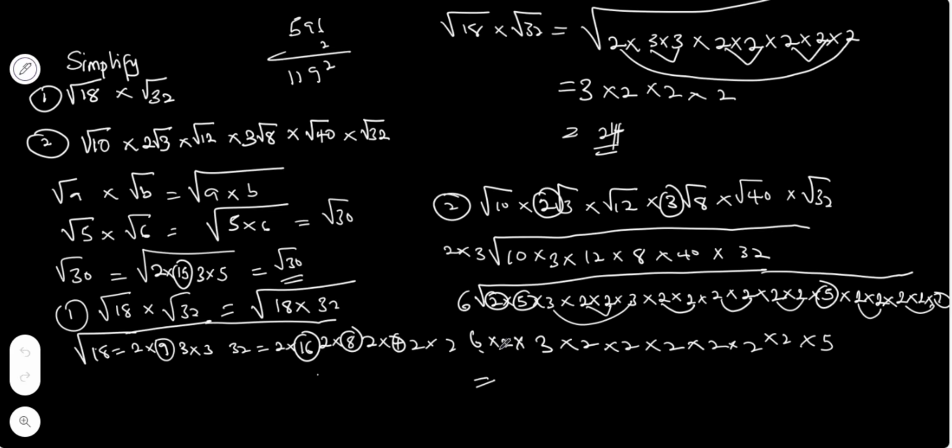6 times 2 is 12. 12 times 3 is 36. 36 times 2 is 72. 72 times 2 is 144. 144 times 2 is 288. 288 times 2 is 596. Now, 596 times 2 is 1192, times 2.